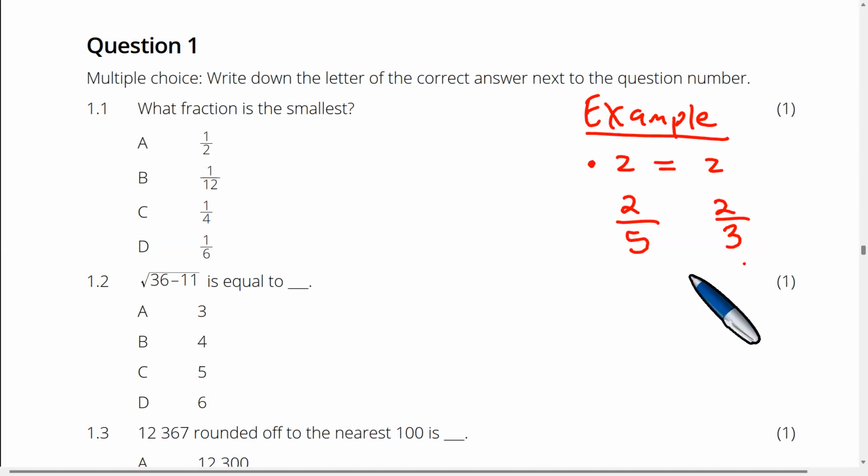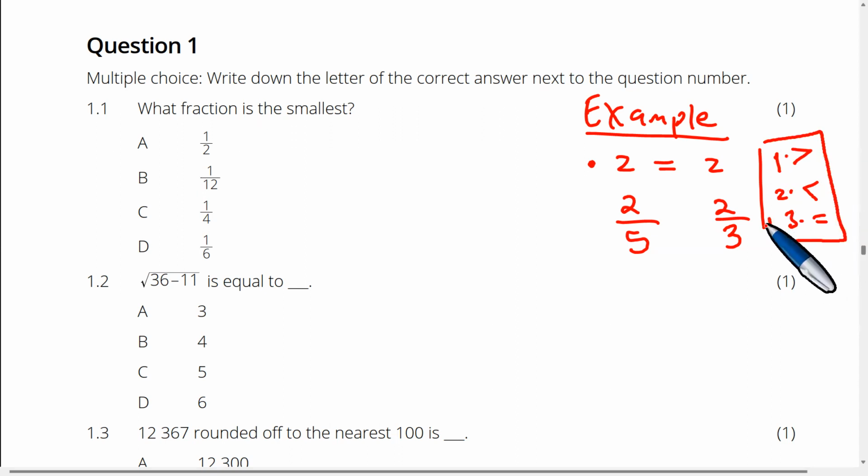So the question becomes, what sign do we put here? Do we put number 1, number 2, or number 3? So we have the 3 options here that we can choose from.